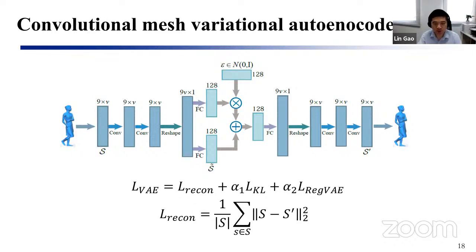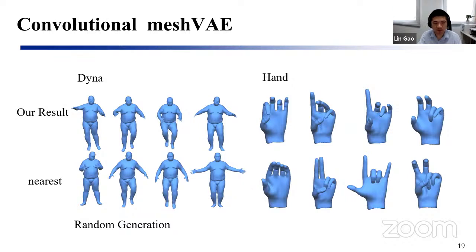So here we want to test if this generative model is overfitting. We do the sampling on the Gaussian distribution and decode it. We can get a new model. This is the output from the generative model. And then we do the retrieval on the training data set to see if it is the same.